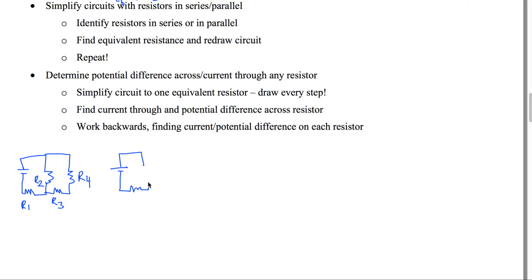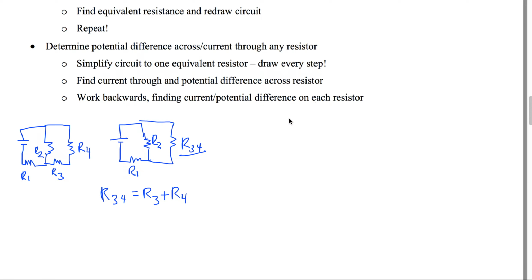We haven't touched R1 or R2, but we've simplified 3 and 4. Then underneath, say how you found this new resistance: because they were in series, the equivalent resistance is the sum of the individual resistances.